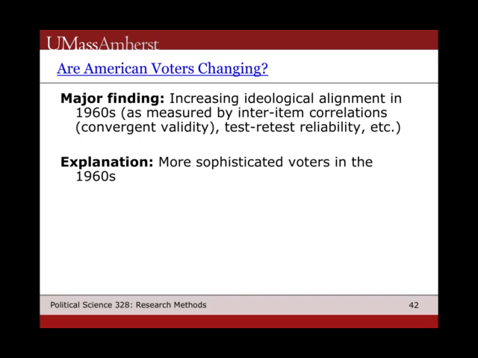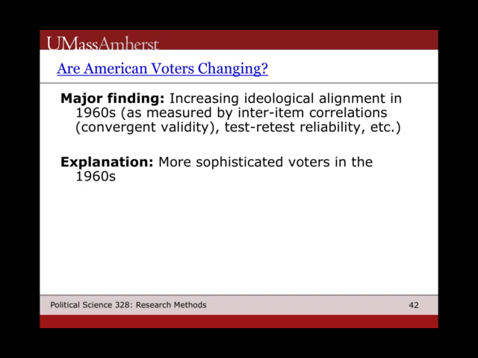where at the time there appeared to be some sort of increasing ideological alignment. Basically, if you looked at the inter-item correlations between partisanship and various political issue attitudes, and also the retest reliability of partisanship itself. So if you had a two-wave study, you would measure partisanship at one point and partisanship at a second point.